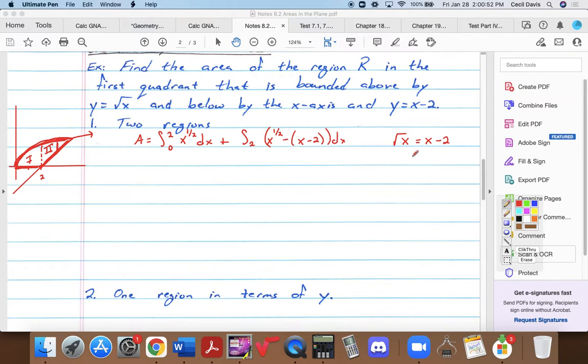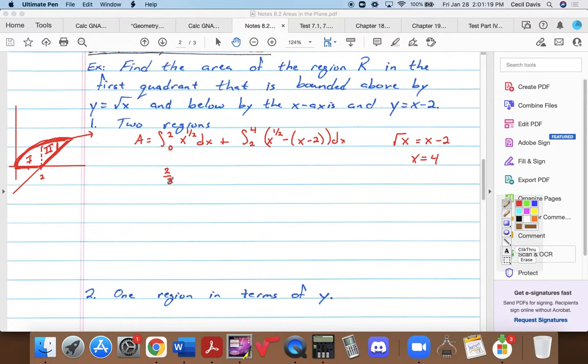Yeah, it's x equals 4. If you had to work it out, you would probably need to square both sides to get rid of the square root, and then you may be able to factor. So this is going to be from 2 until 4.